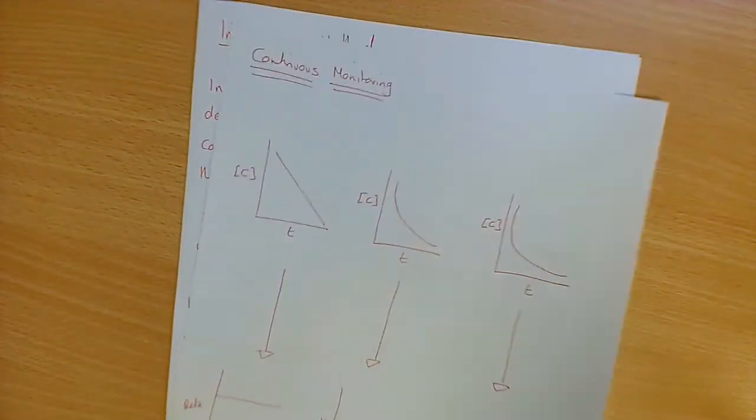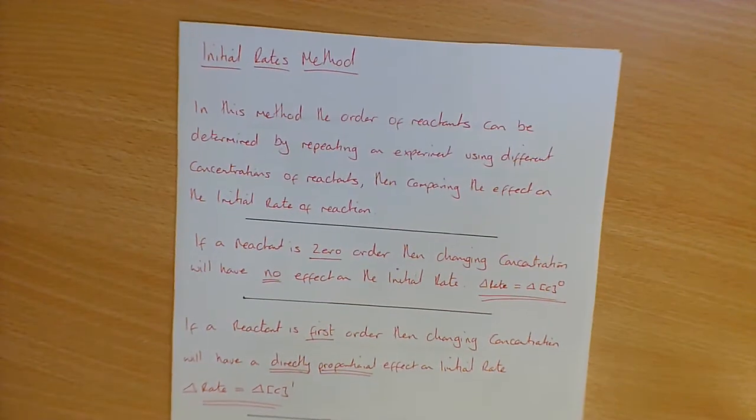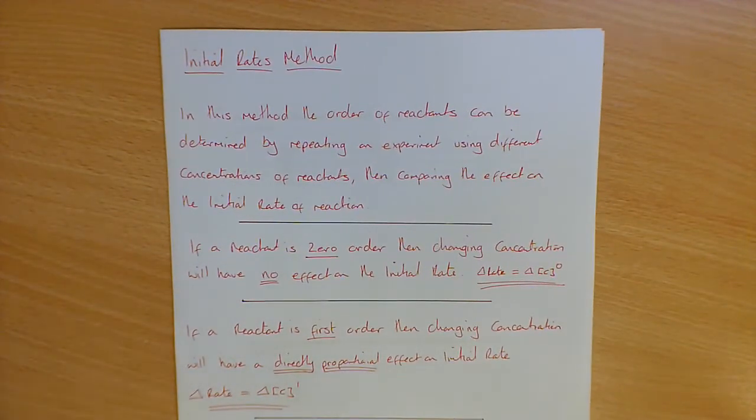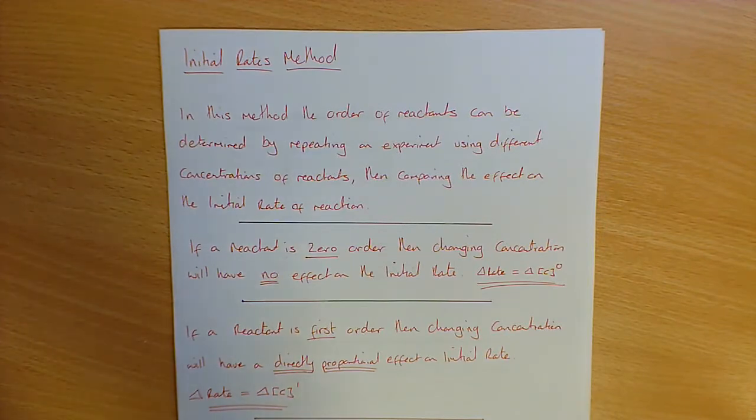So what we're going to look at today is the initial rates method. An alternative method, but it has the same outcome. You're able to determine whether a reactant is first, second, or zero order. In this method, rather than with continuous monitoring, where you run the experiment from start to finish and work out the concentration at different times, here you're going to run a reaction and calculate the initial rate of that reaction, and then you repeat it with varying concentrations of your reactants.